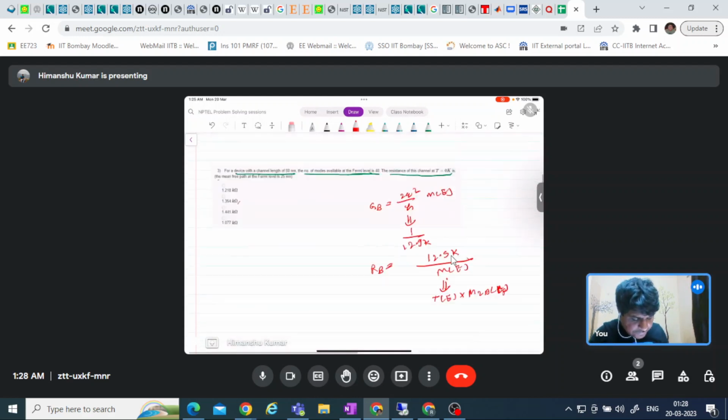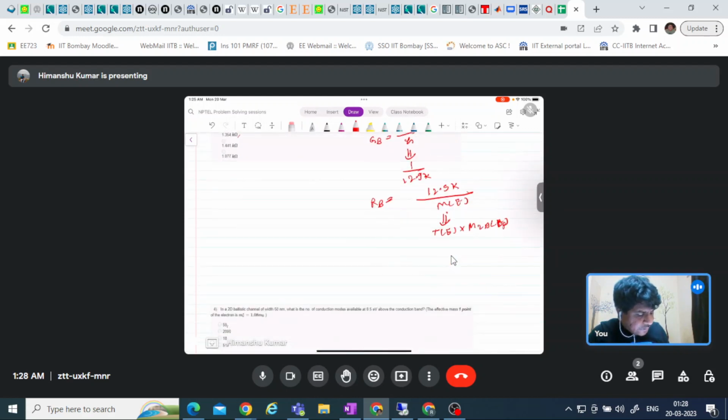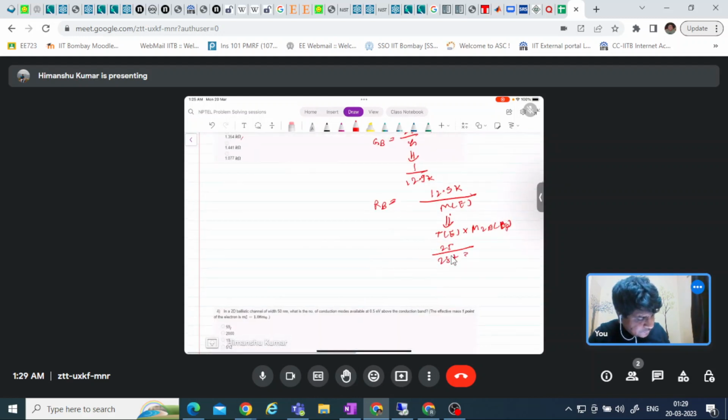So now if we calculate, it will be equal to 25 by 25 plus 80, multiplied by 40. So now it will become 25 by 105, which is approximately equal to 1 by 4, and this will get cancelled, so in the denominator it will be a factor of 10.